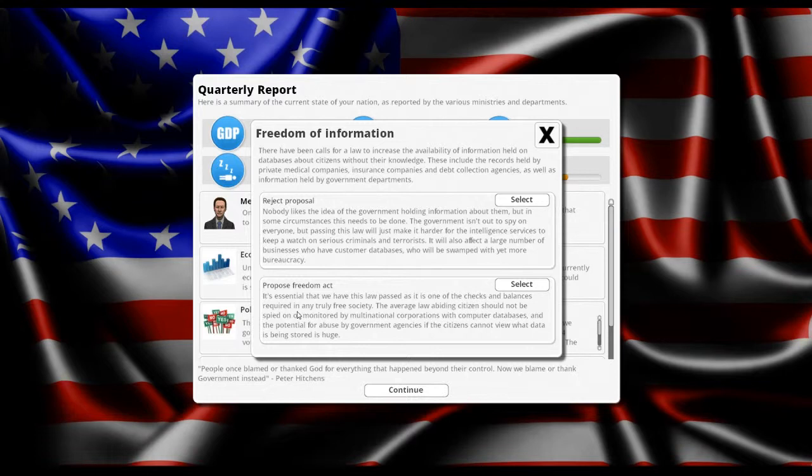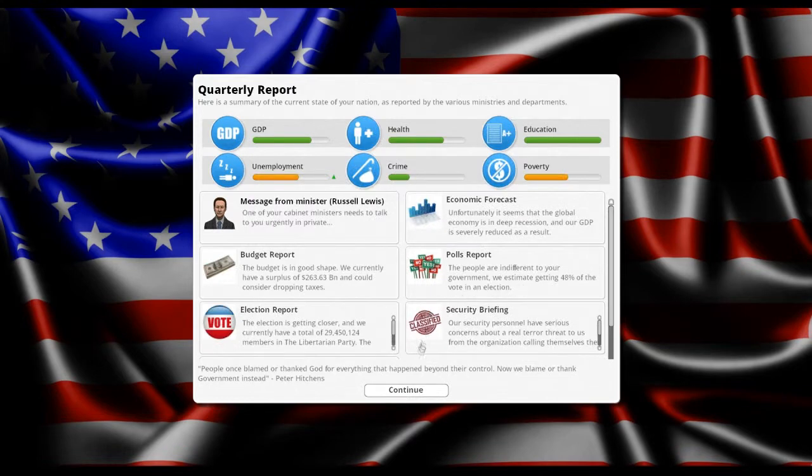The average law-abiding citizen should not be spied on or monitored by multinational corporations with computer databases. And the potential for abuse by government agencies that the citizens cannot view what data is being stored is huge. I agree. Think about the NSA.